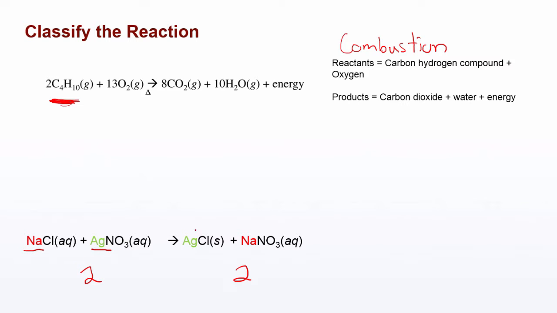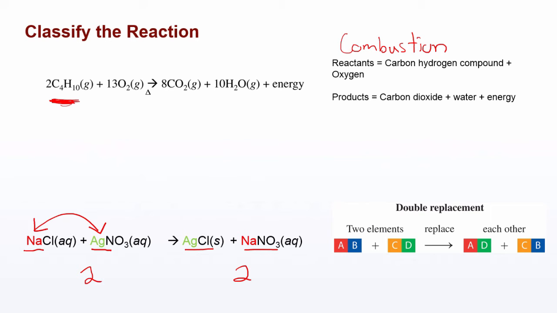So we're starting with 2 compounds, and then we end with 2 compounds. So the sodium and the silver, they've actually switched places, and they're in 2 new compounds. So if you've got 2 compounds to start and you end with 2 compounds, that's actually a double replacement. Okay, so double replacement there.